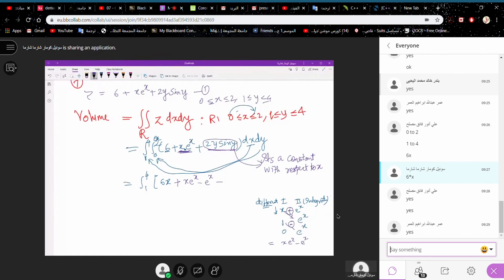So its integration is how much? 2y sin y, and this is like x. So its integration is 2y sin y times x, and the limit is 0 to 2, dy. Is that clear for all?